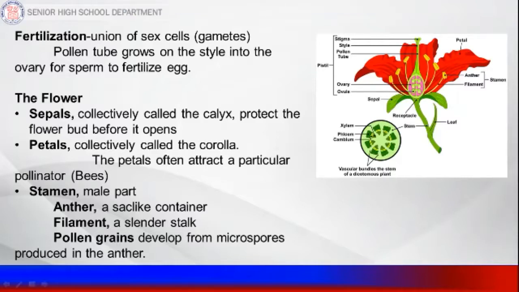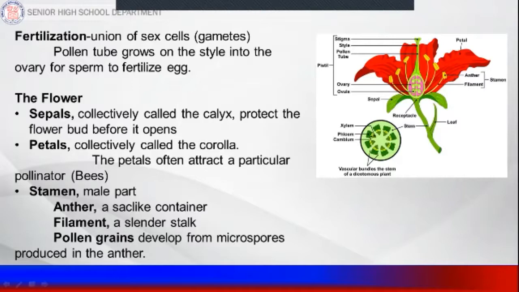For plants, the pollen tube grows on the style into the ovary for sperm to fertilize eggs. So the process of pollination enables the process of fertilization.